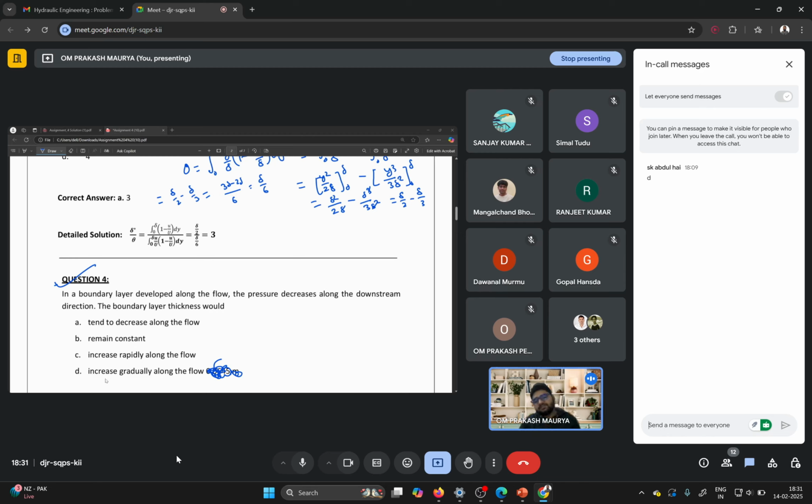If pressure decreases along the downstream direction, then what should happen with your boundary layer, whether it will decrease, increase, or remain constant?